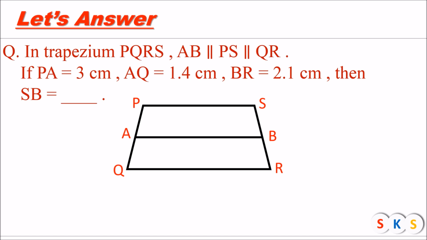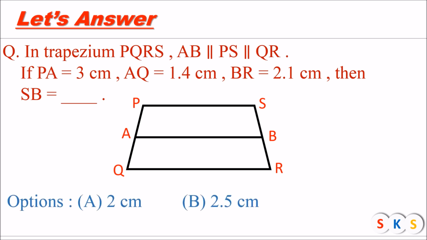Then find SB. Here we have options: option A is 2 cm, option B is 2.5 cm, option C is 4 cm, and option D is 4.5 cm. You have to find the correct option for this question.